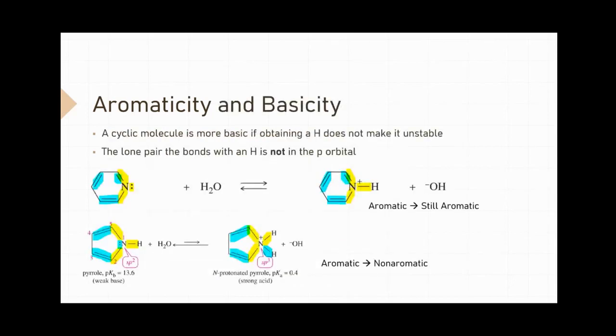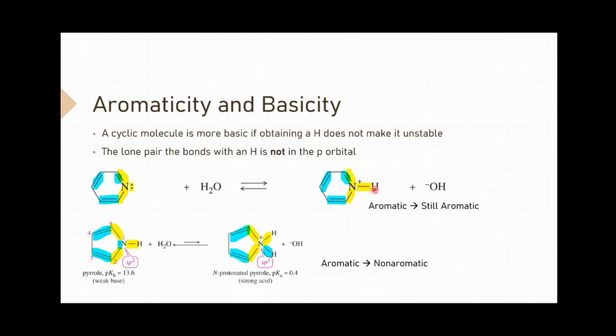Right, and then with that, let's talk about basicity. So a cyclic molecule is more basic if obtaining an H does not make it unstable. So let's look at this molecule.